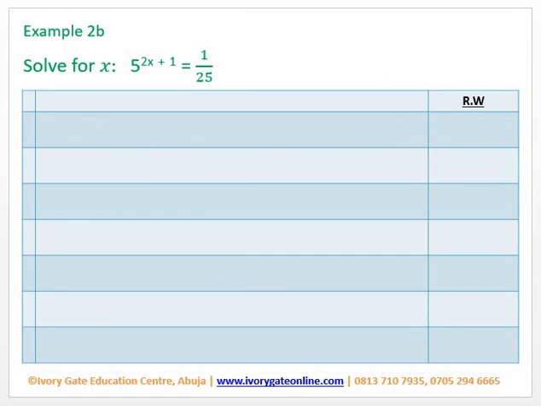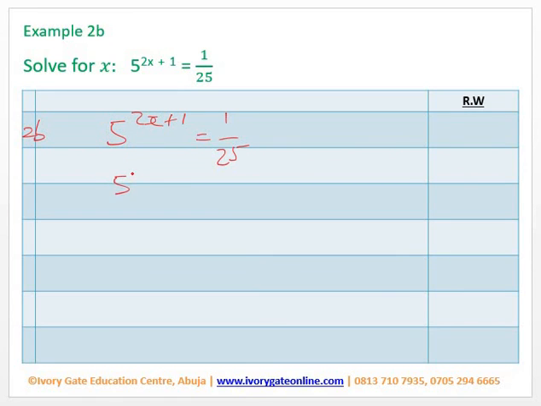Okay. Then we go to the next equation, which is 2b. Here we have 5 raised to power 2x plus 1 is equal to 1 over 25. So we look for how to make them to be on the same base.